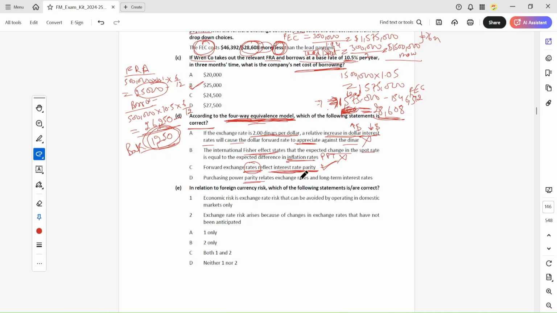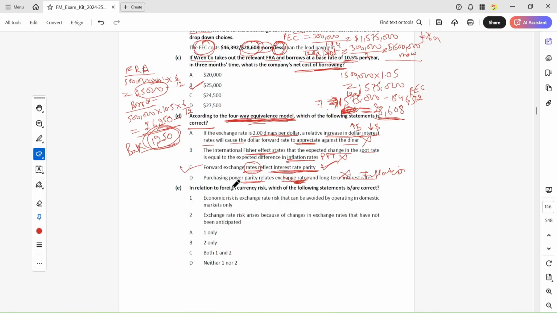No. Sorry, purchasing power parity relates to inflation, not interest and exchange rate. It's the inflation. So this is incorrect.